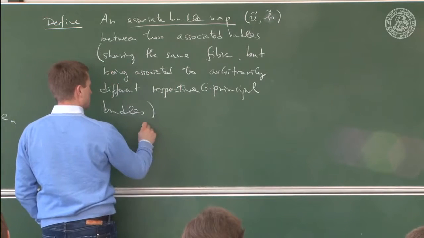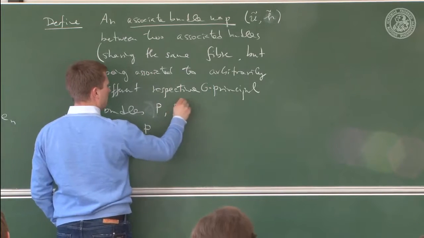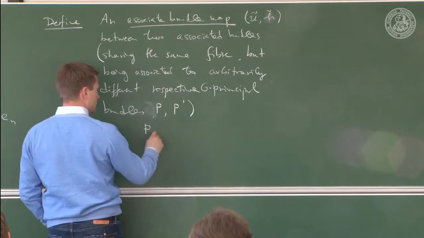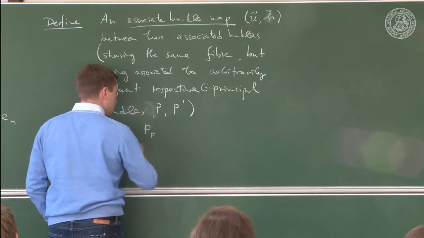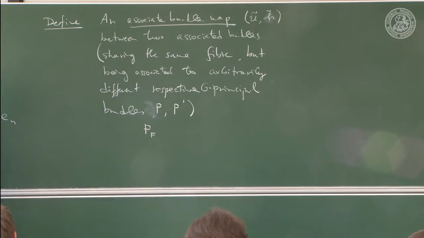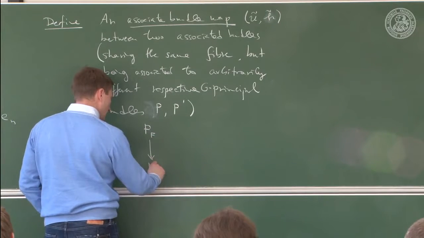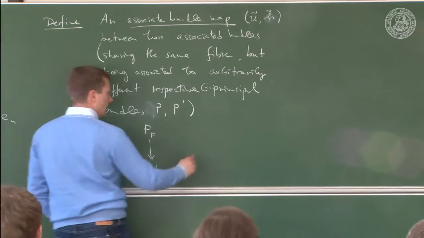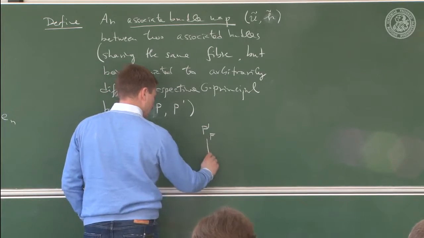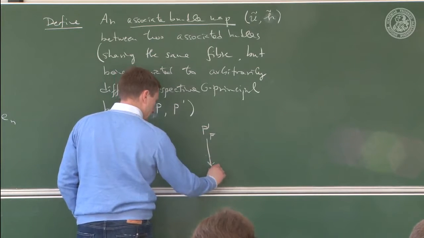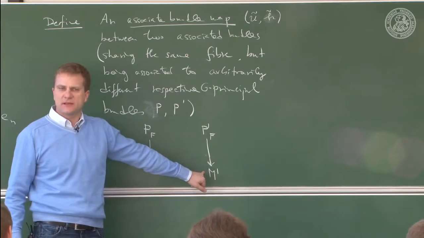So let's write it down. We have principal bundles P and P prime. So how does that work? We have P_F, the associated bundle to this first principal bundle, projecting down to a base manifold M. And we have another P'_F, which however projects down to another M prime, because this P prime principal bundle may have a different base space.